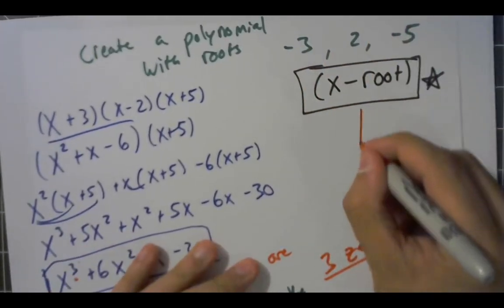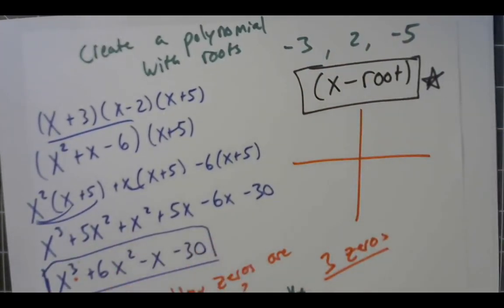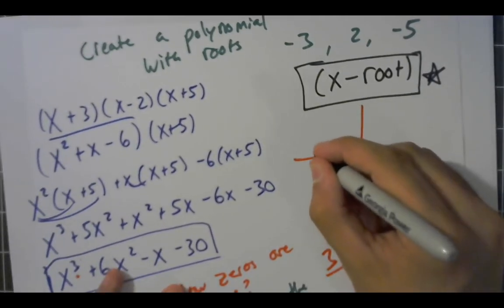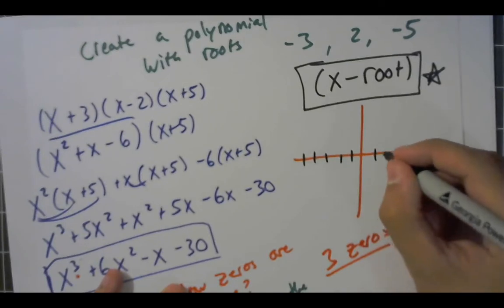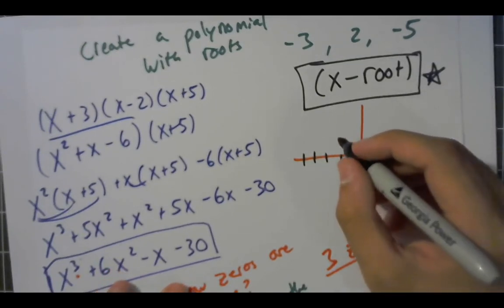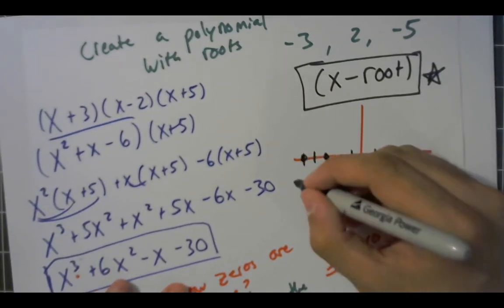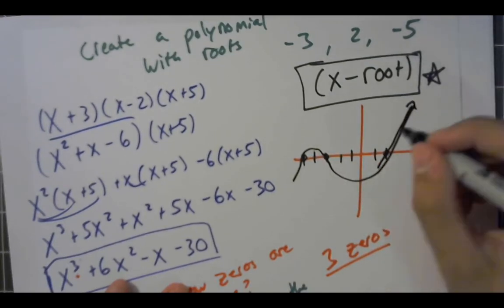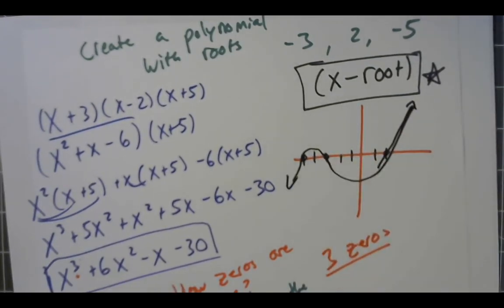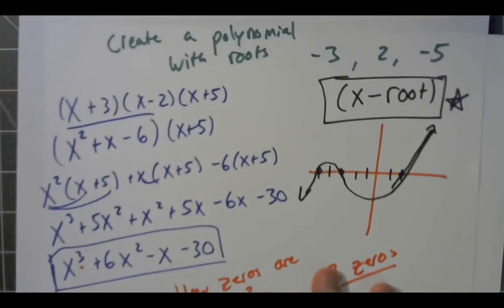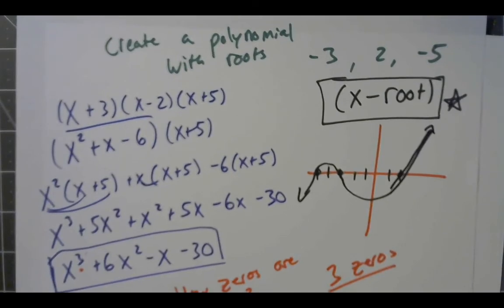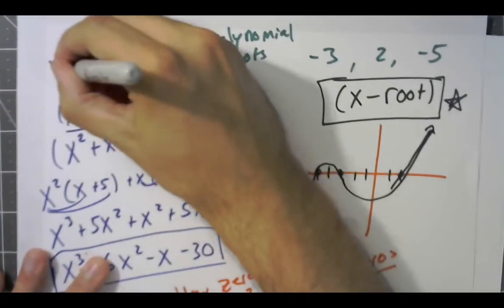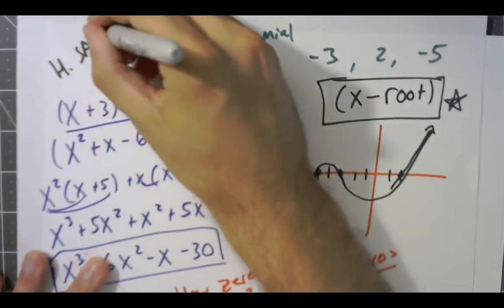So for example, it will look like this: 1, 2, 3, 4, 5, and 1, 2, it should hit here, here and here, so maybe something like this. Oop, missed it. Something like that. So, create a polynomial with these given roots. That is honors, short answer.